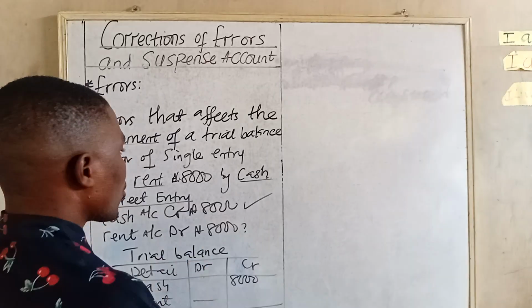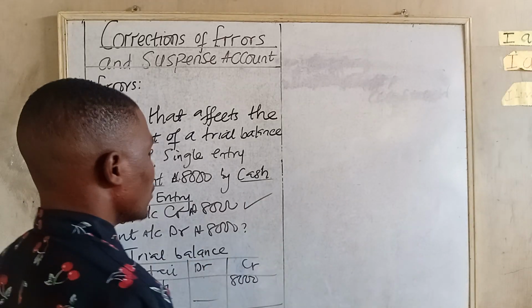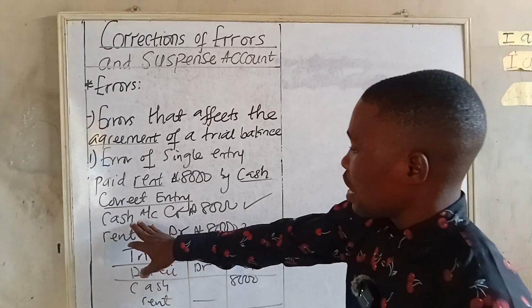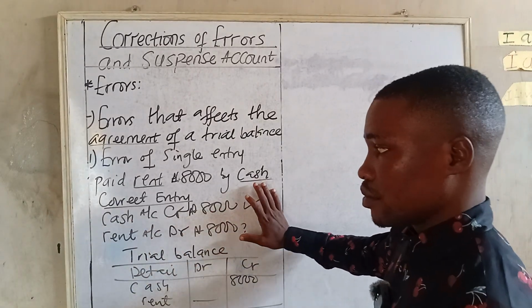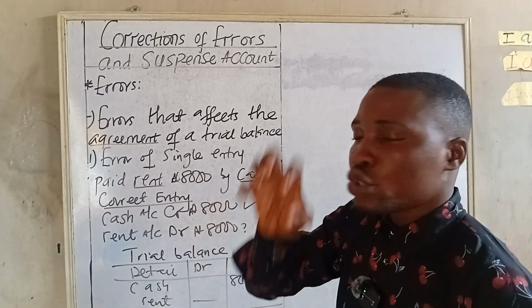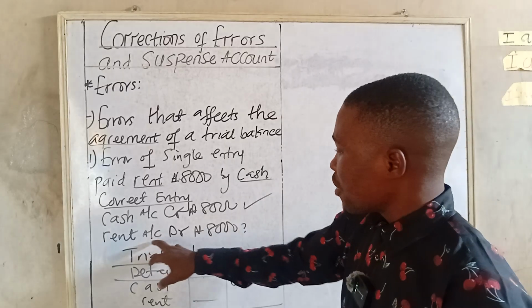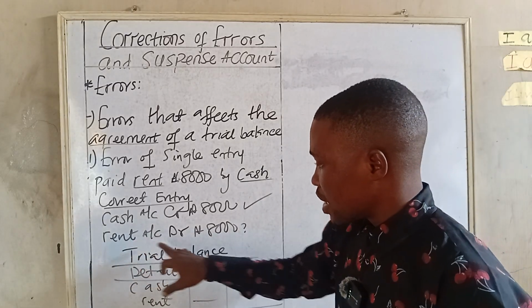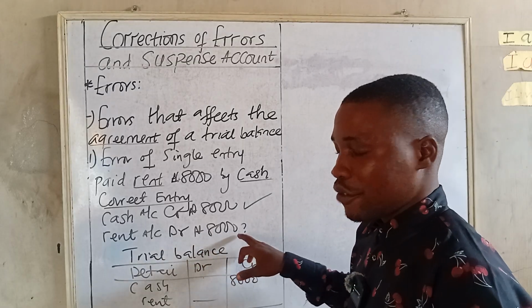How do you correct the error? If you want to correct the error, if you notice this particular leg is correct, it means that we should only focus on the faulty leg. This rent here is the account that we have an issue with.